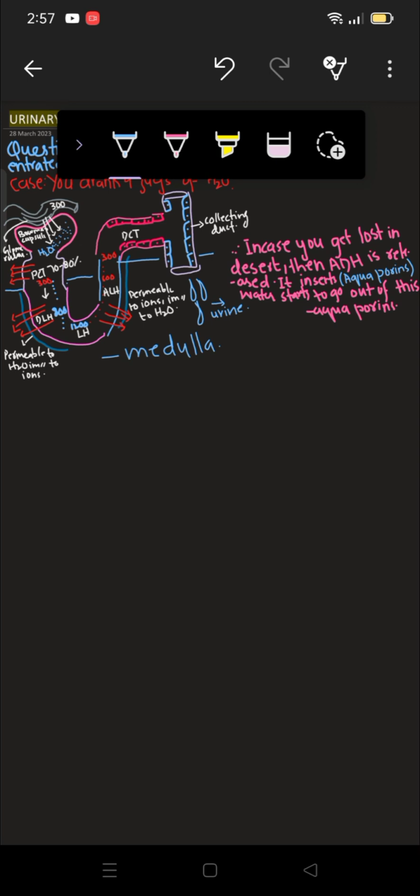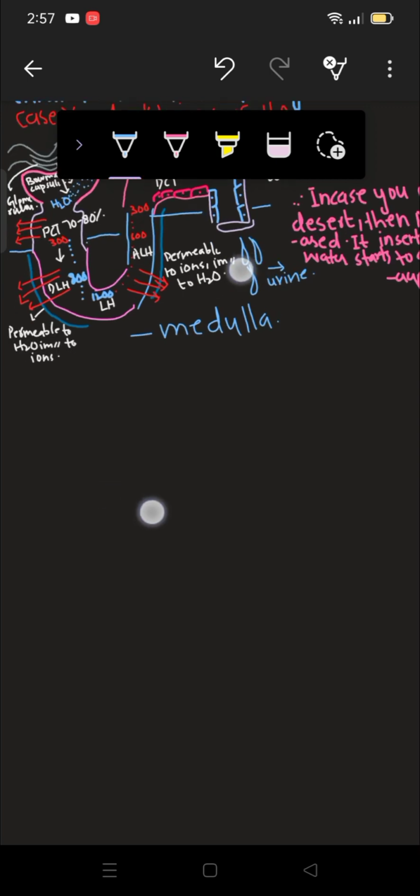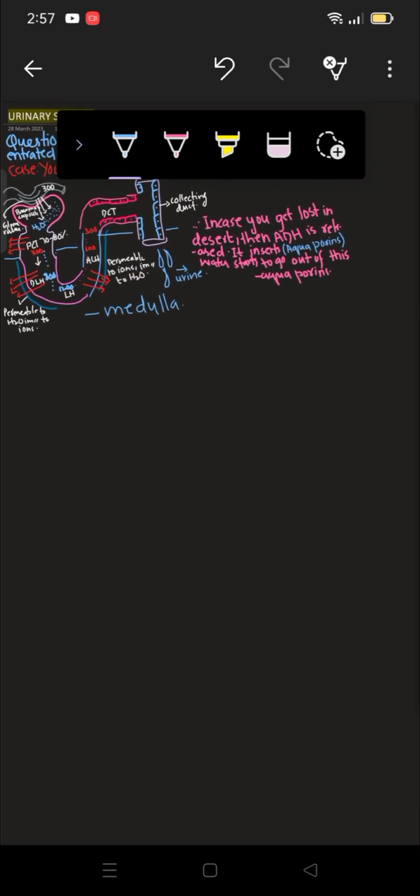So in medulla, only loop of Henle, including both ascending loop of Henle as well as descending loop of Henle, and we do have Bowman's capsule, glomerulus, PCT, DCT and collecting duct in the cortex of the kidney. Alright, so concentration of urine is because of high concentration of ions in the medulla. As you know, when we are going to the medulla, the concentration of ions is getting greater and greater. So high concentration of ions is because of counter current mechanism or urea cycling.